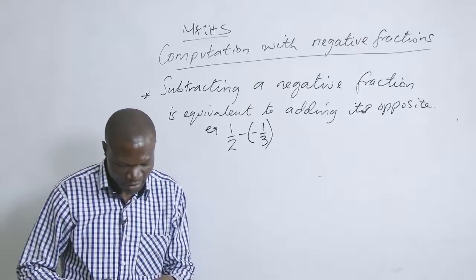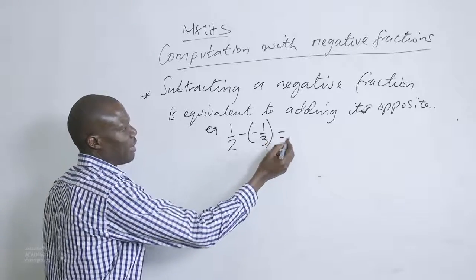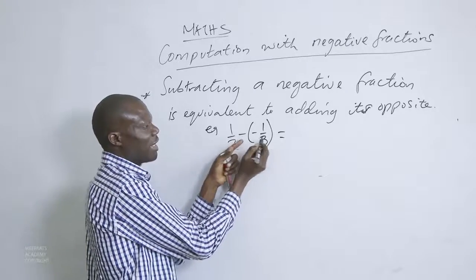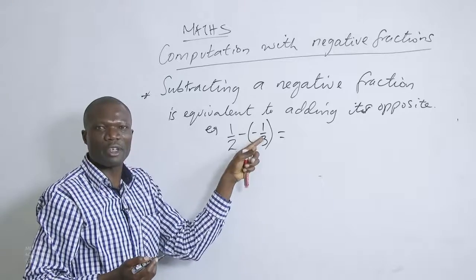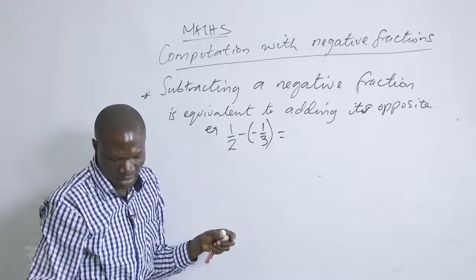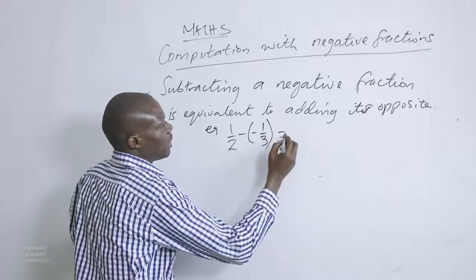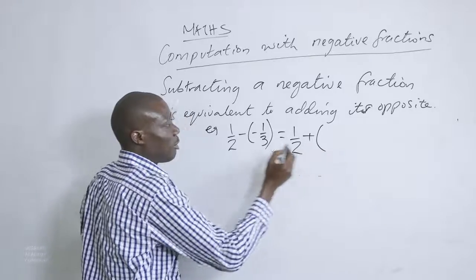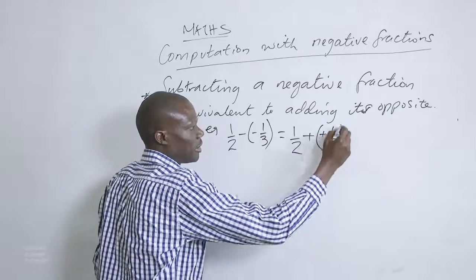What are we trying to say here? Let's see. Now, the case here, we want to rewrite this just as per the statement. It's the same as adding its opposite. When we have add, the opposite of negative a third is positive a third. So we can write that and say this is the same as a half adding its opposite, and the opposite here is a third positive.